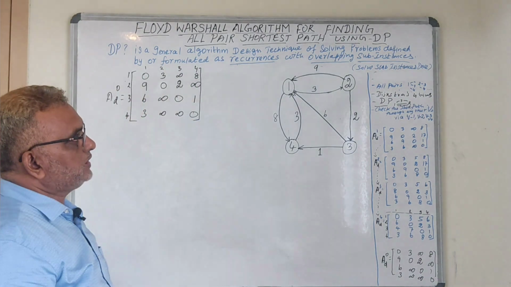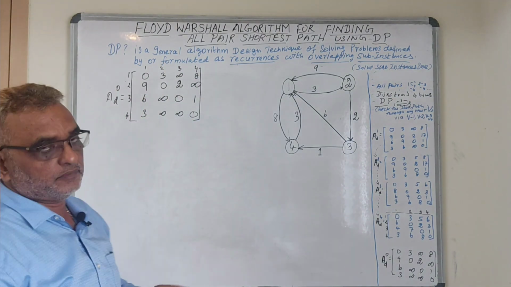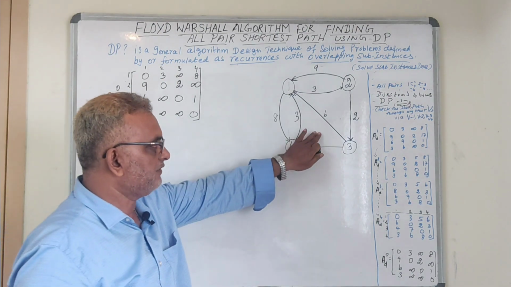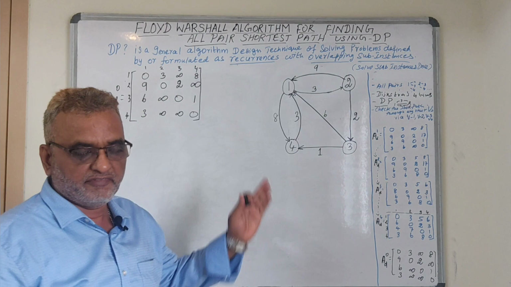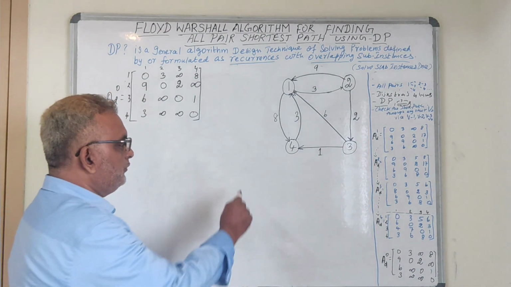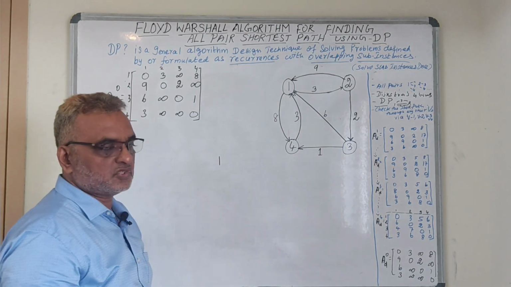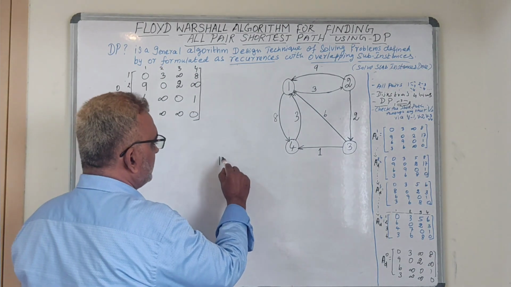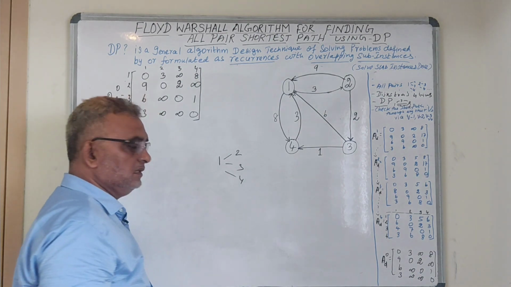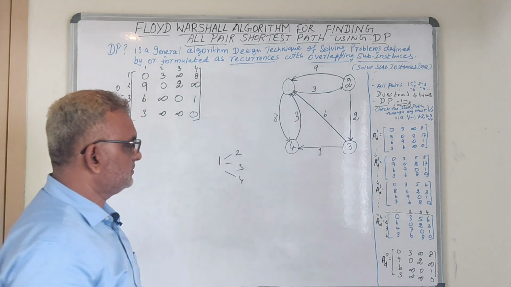Now in order to solve the shortest path between all pairs of vertices, consider this graph. It is a weighted directed graph, and if you consider 1 as the source vertex, we can get 2, 3, 4 as the destinations.